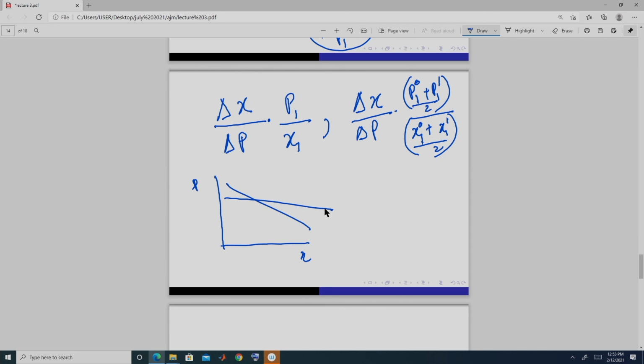This is more elastic than this, because when you change the price by the same amount, quantity demanded changes much more in this case. So if this demand curve is D2 and this is D1, then the elasticity of D2 is definitely going to be greater than the elasticity of D1.